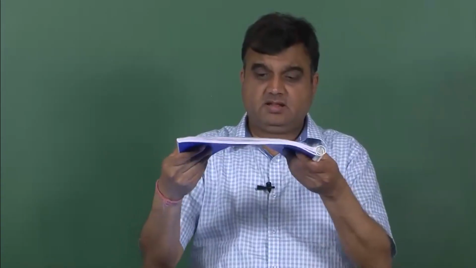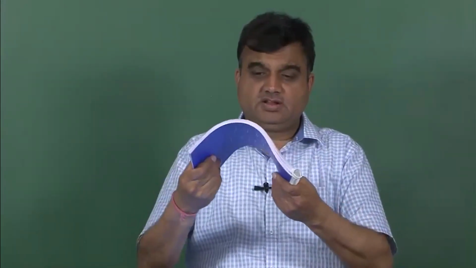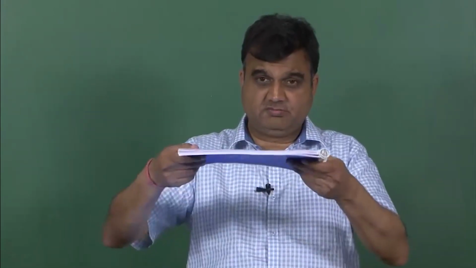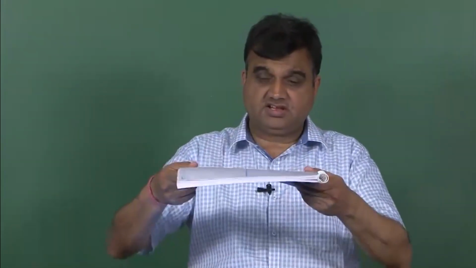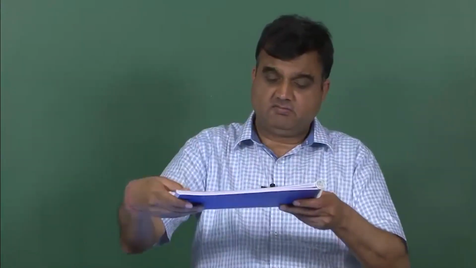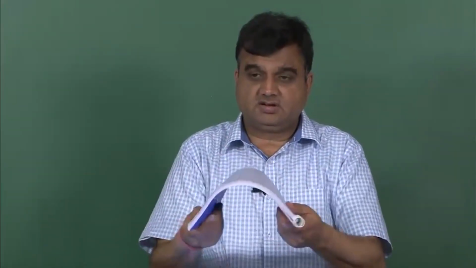If I bend the book like this, then the plate or the book is exhibiting purely Kx, curvature in the x direction. It does not have curvature in the y direction when I bend it like this, because when you look at it, it is still straight. So, it is not having any curvature in the y direction.